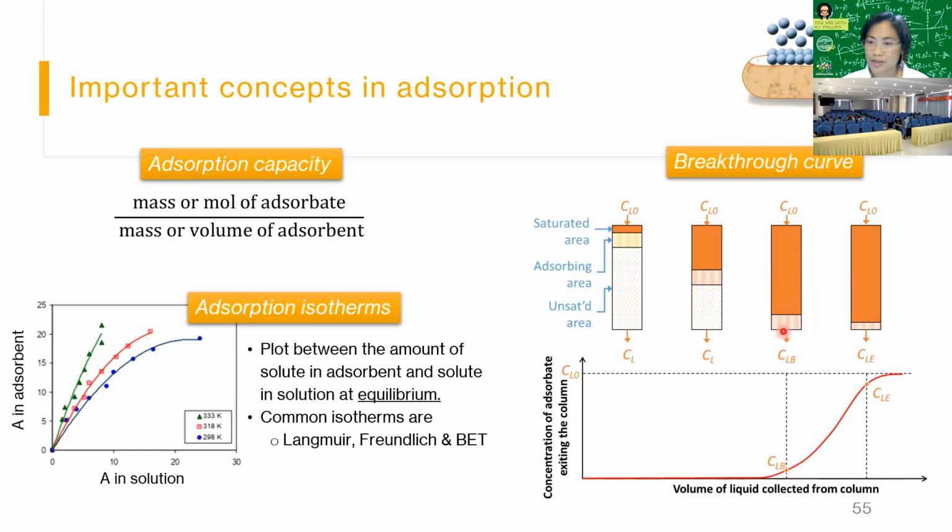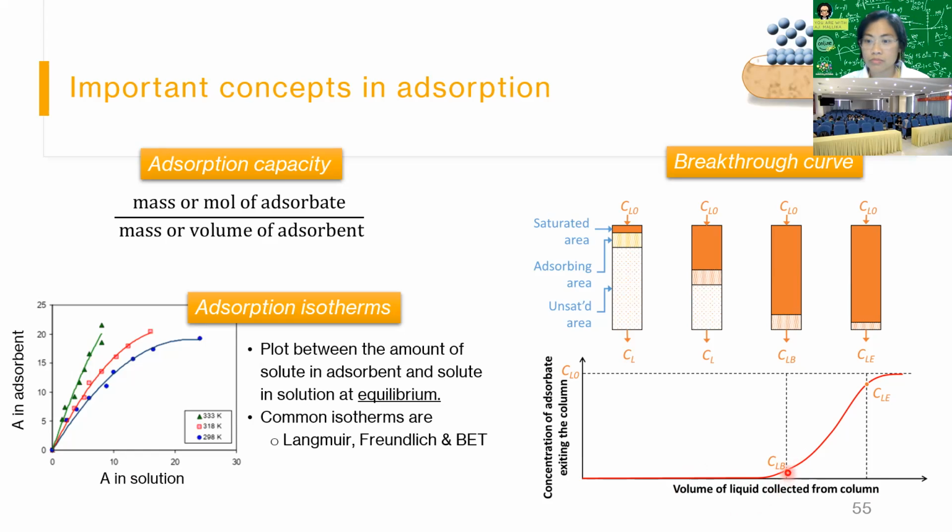It's called breakthrough because it tells you when something breaks through the column. In this case, the breakthrough is here. The important thing about the breakthrough curve is that it tells you, in actual operation, if you use that much resin, how much you can put in before you have to stop the operation.